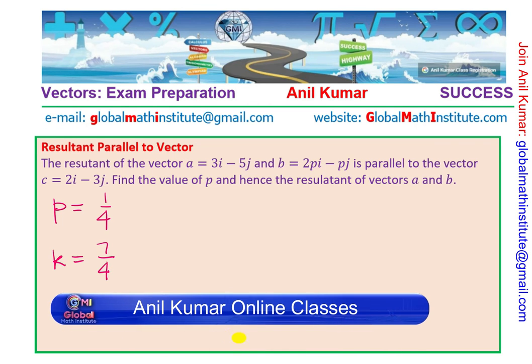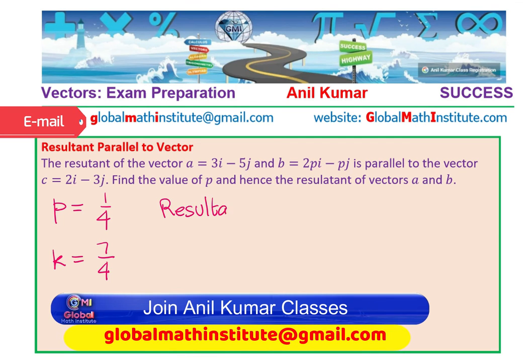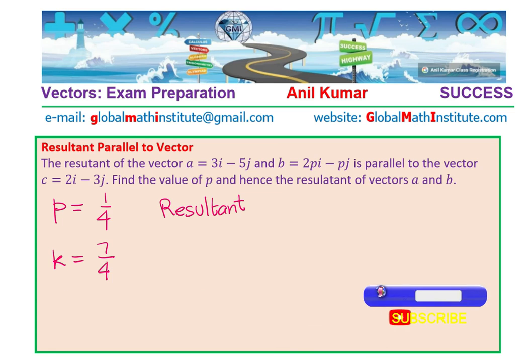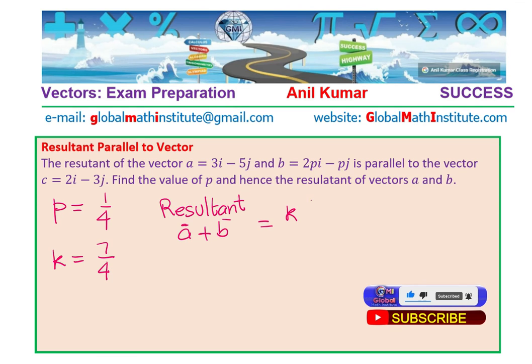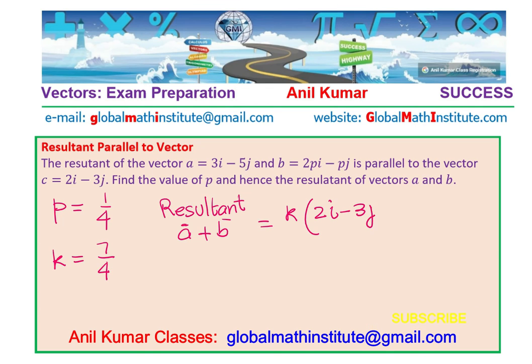So the resultant, let's call this the resultant of A plus B, is k times vector C, since it is parallel to it. So 2i minus 3j, which is 7 by 4 times 2i minus 3j.